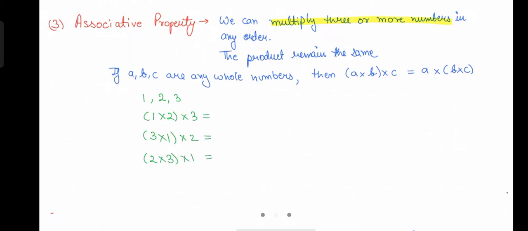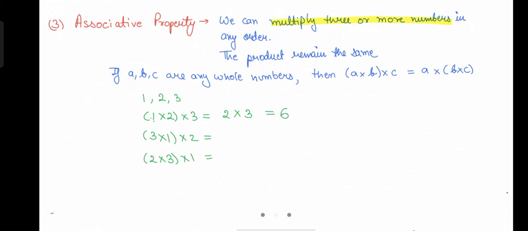Now, according to the BODMAS rule, which we have also understood before, we solve the bracket first. So 1 multiplied by 2 is 2, and after solving the bracket, we multiply it with 3, and then we get the answer 6.